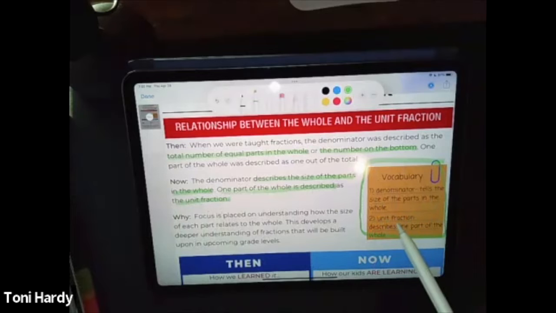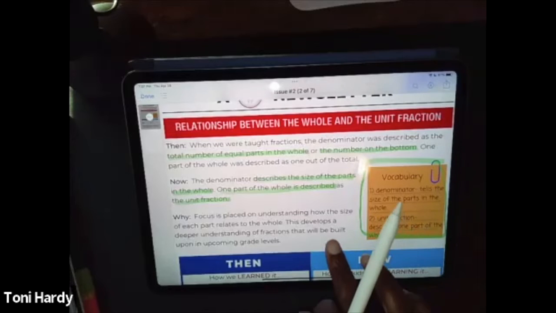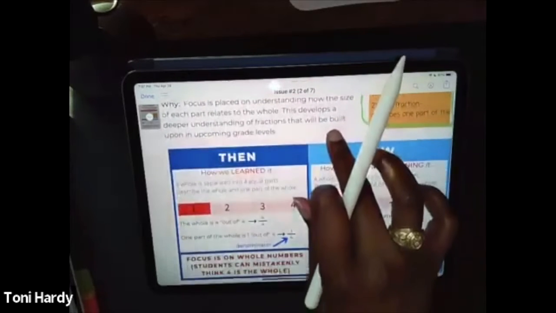So the denominator tells the size of the parts in the whole, and the unit fraction describes one part of the whole. So that's just a whole bunch of words without pictures to me, and I think it probably is to you too. So I'm going to jump all the way down to the pictures so that we can talk about it a little bit more.